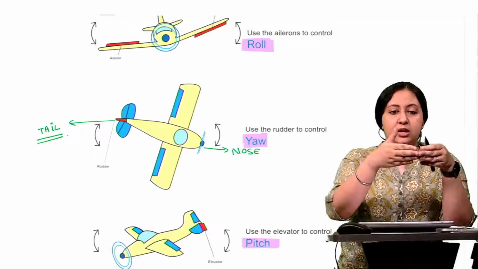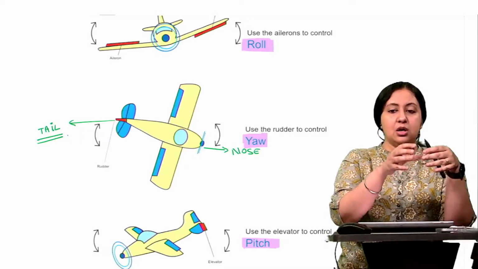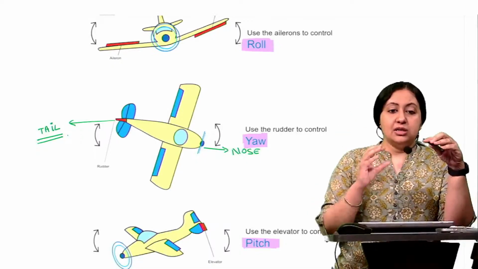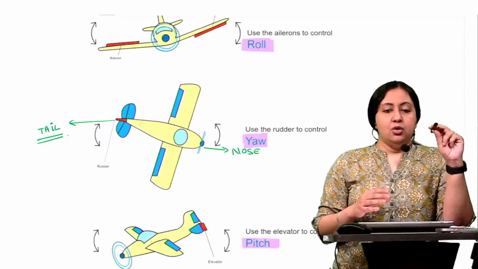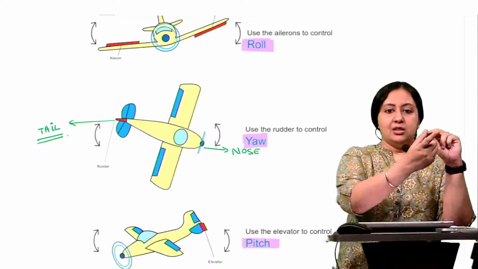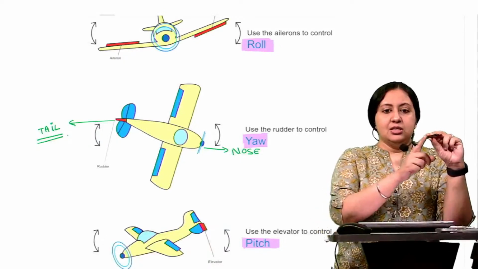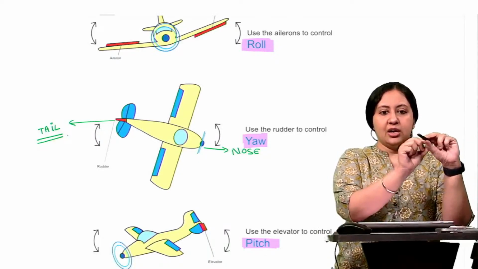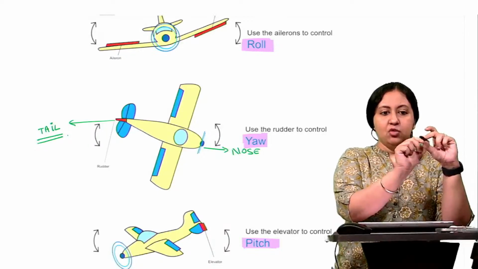The pointed tip, the anterior most part of the airplane, is called the nose, and the posterior most part is called the tail. If you are standing in front of the airplane and the nose moves left or right, that is yaw. Movement in this direction is yaw.